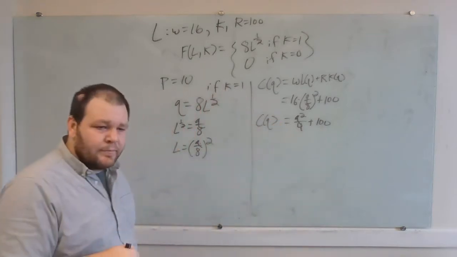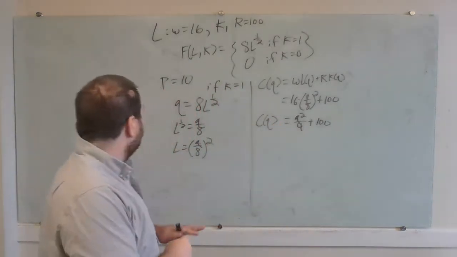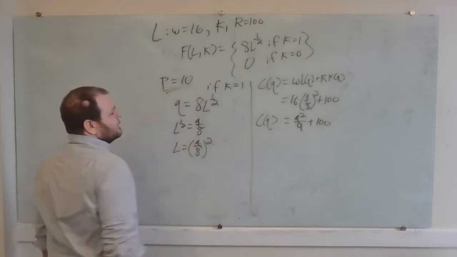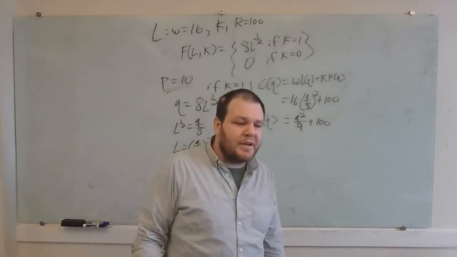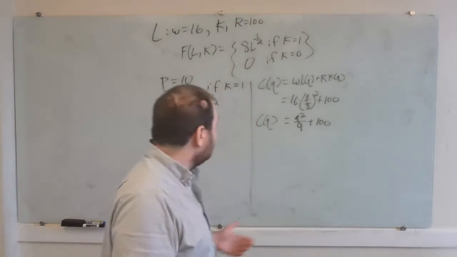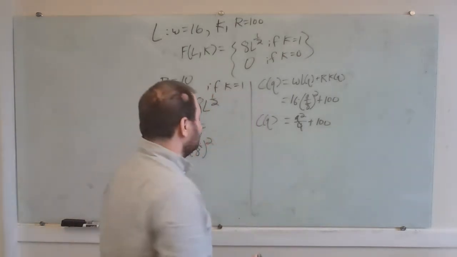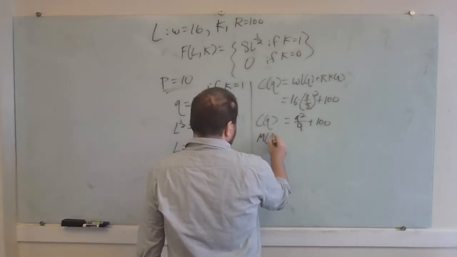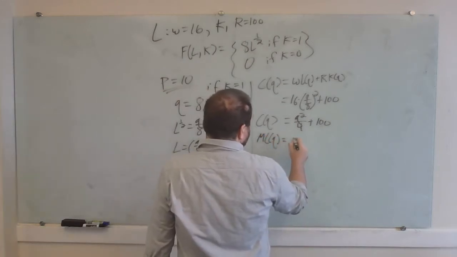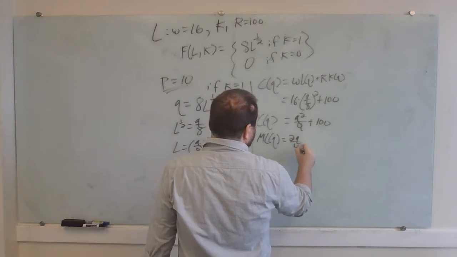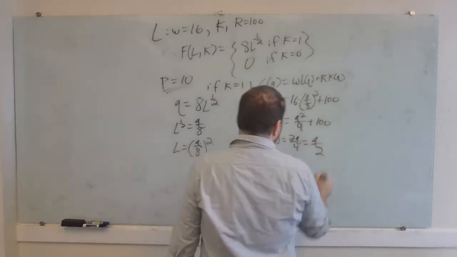Good? Okay. So if I've got a price of 10, how much is a particular firm going to supply? Well, we can do this pretty simply. We can just find our marginal cost, set it equal to our price. Marginal cost of Q is going to be 2Q over 4 equals Q over 2.